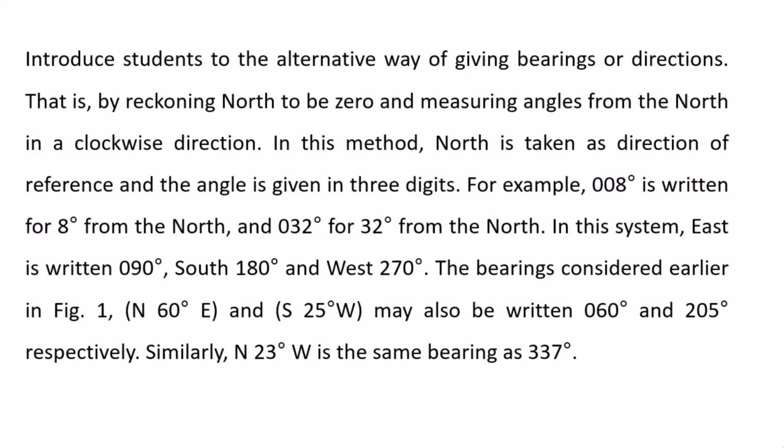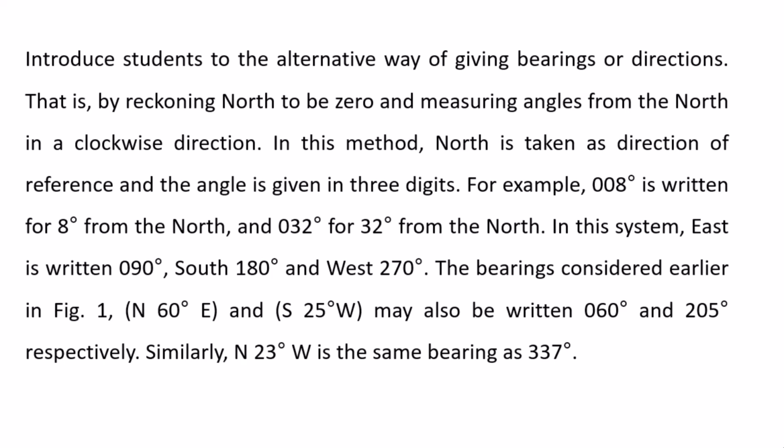So introduce students to the alternative way of giving bearing or direction. That is by reckoning north to be 0 and measuring angles from the north in a clockwise direction. In this method, north is taken as direction of reference and the angle is given in 3 digits.